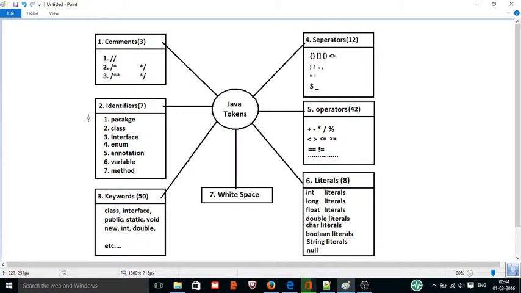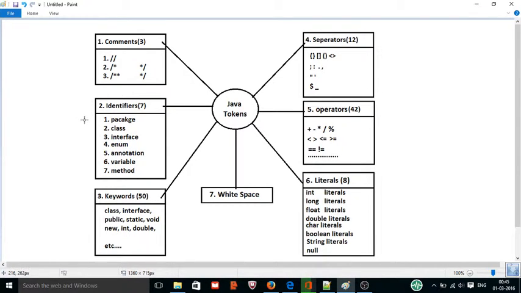All these things are very important, and till now we never used the naming convention in the standard way. So in this tutorial we'll try to understand how to keep the standard naming convention for the Java identifiers.